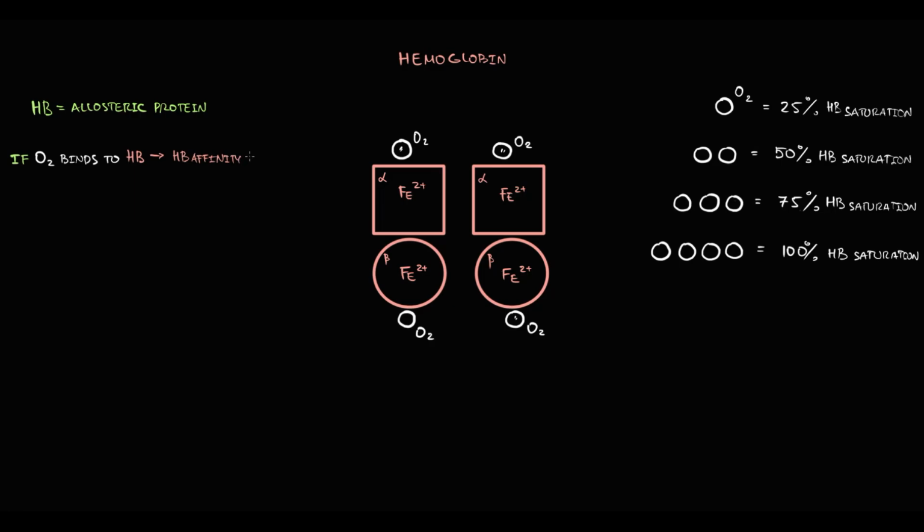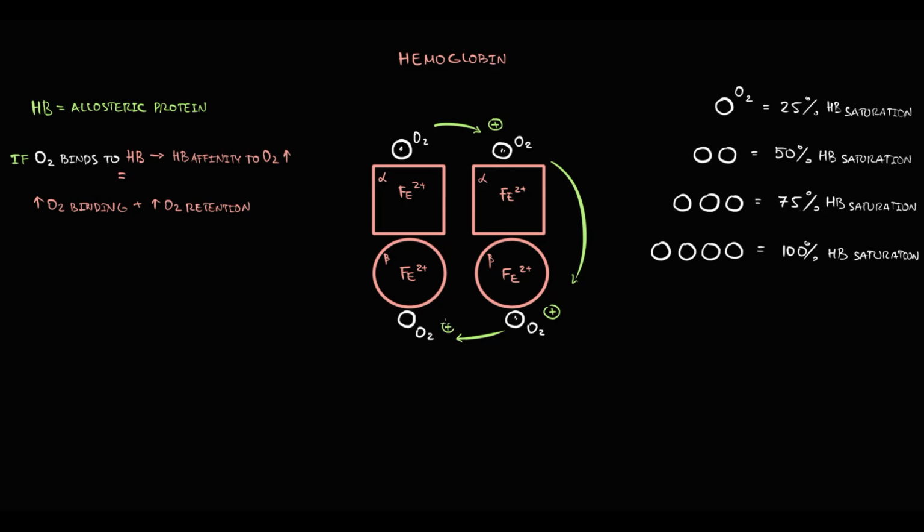Hemoglobin exhibits allosteric behavior when hemoglobin binds oxygen. This means that the binding of 1 oxygen molecule to 1 subunit enhances the binding of oxygen to the other subunits. So, because hemoglobin is an allosteric protein, if 1 oxygen molecule binds to hemoglobin, it causes a conformational change in the hemoglobin molecule.